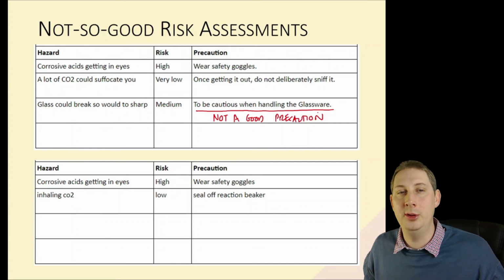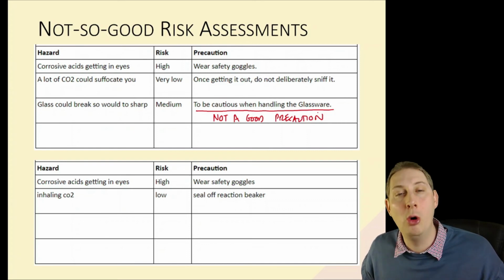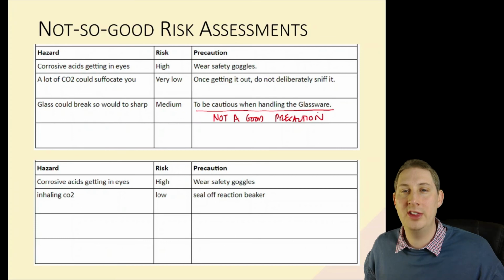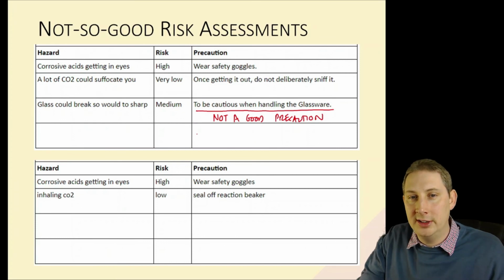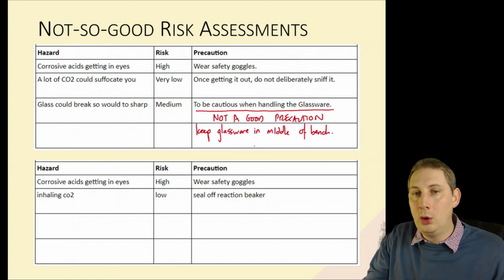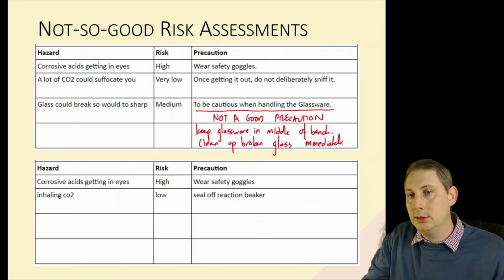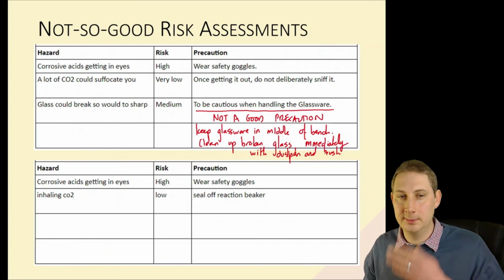What can they do to prevent it breaking, or what could they do once it's broken? So you could say things like keep glassware in the middle of the bench, or things like clean up broken glass immediately with dustpan and brush. These are much better precautions.